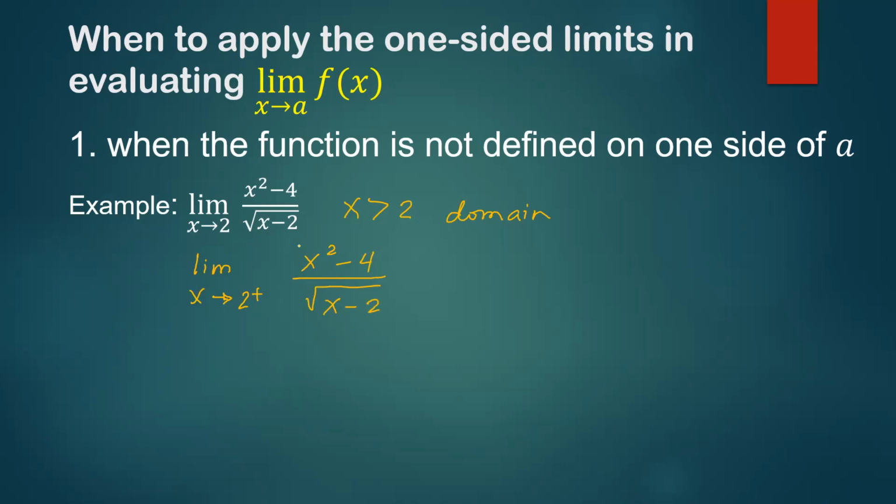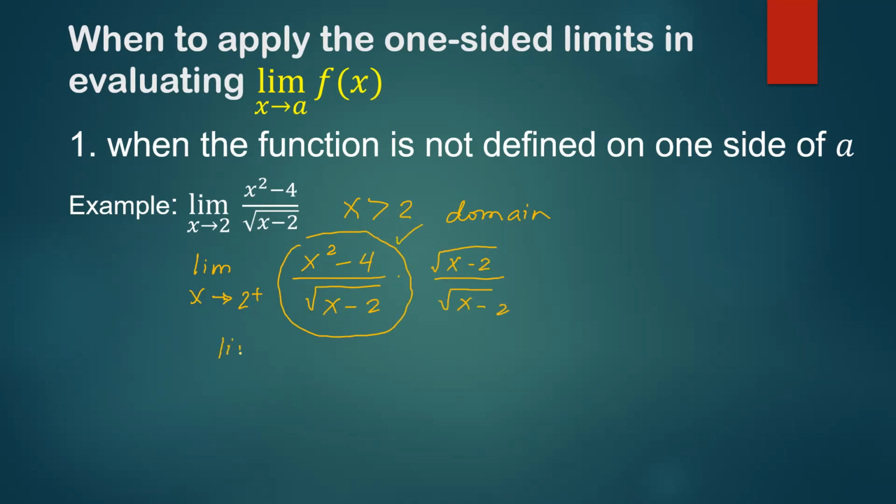Taking a look at this function, we know that by substitution, this will be of the form 0 over 0. So, which means we can expect one factor to cancel out, and that will be x minus 2. So, we rationalize this by multiplying by square root of x minus 2. At the same time, we can factor the numerator, no?